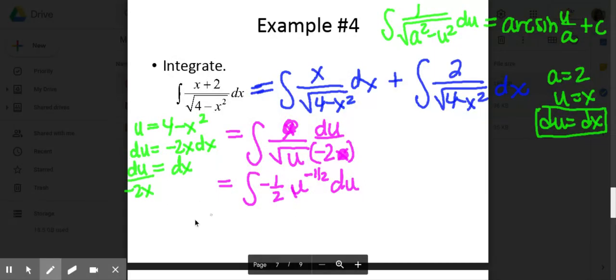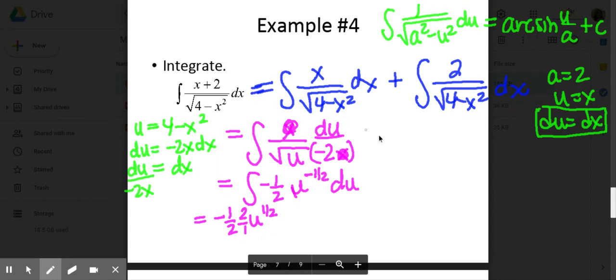Okay? So now it's very easy to do the antiderivative of this. So we keep our coefficient. The antiderivative of u to the negative 1/2, you add 1, so that'll be u to the positive 1/2. And then remember, you always divide by the power. So you add 1 and divide by your new power. But since this is a fraction, I'm going to multiply by the reciprocal, 2 over 1. All right. So there's my antiderivative for that one, looking pretty good there.